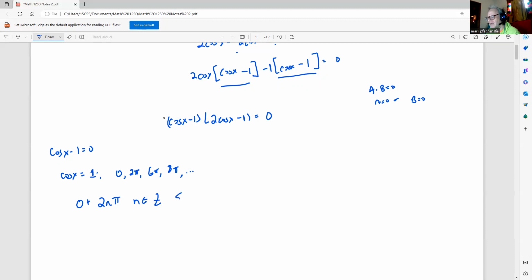Integers being dot dot dot, -3, -2, -1, 0, 1, 2, 3, dot dot dot.